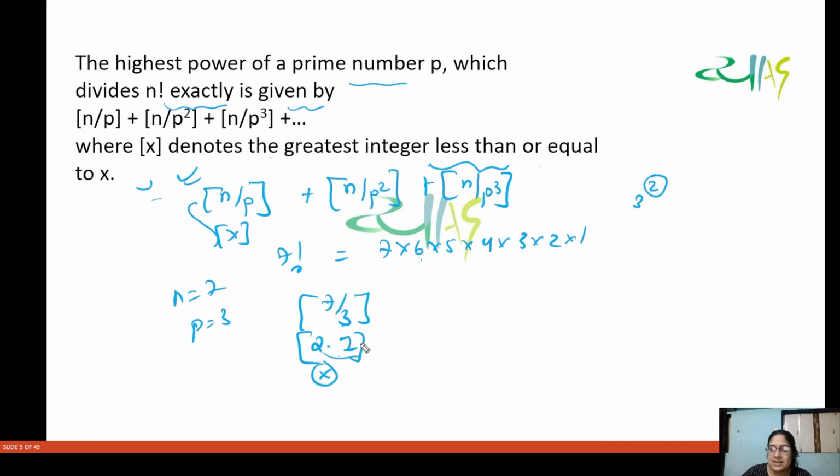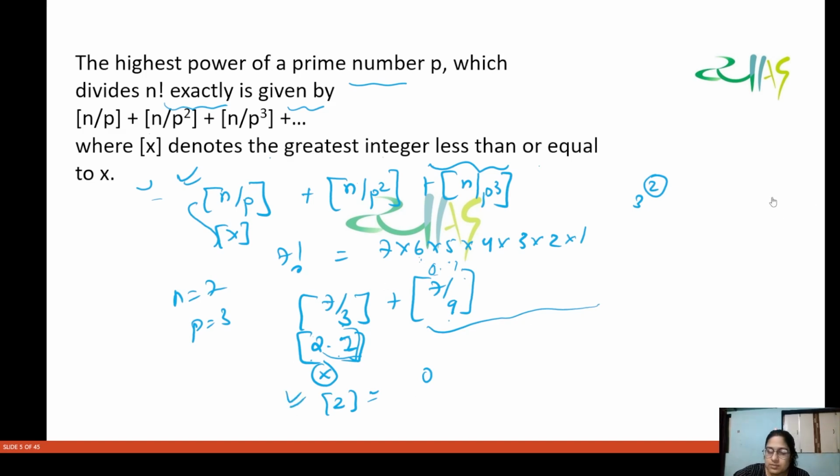What is the greatest integer less than or equal to this? Obviously 2. So we are getting 2 here. Now we don't need to check further, because this will be 7 by 9, which is 0 point something, and the greatest integer less than or equal to x will be 0 only. So I get this equal to 2.